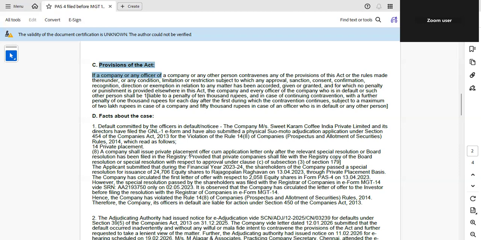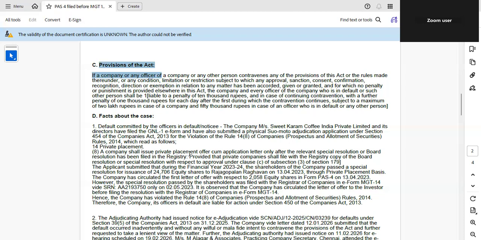PAS 4 is to be issued only after filing of the relevant special resolution or board resolution with the ROC. In simple terms, the correct sequence is: pass special resolution for private placement, file Form MGT 14 with ROC. After ROC filing, issue PAS 4 offer letter to investors. If PAS 4 is issued before filing of MGT 14, it becomes a violation.